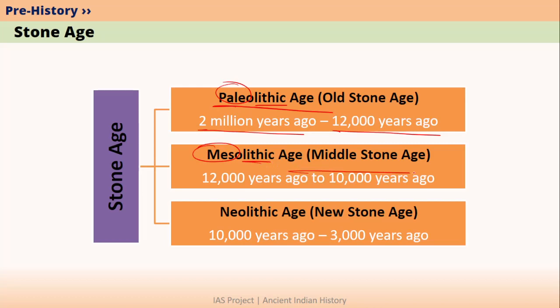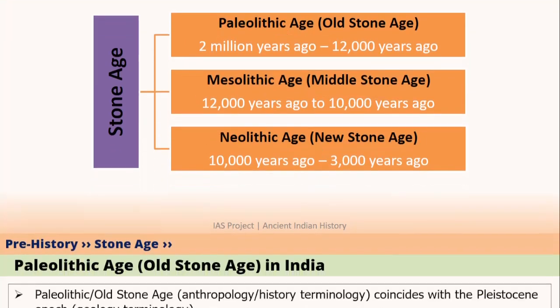So Middle Stone Age. Middle Stone Age is like a transitional stage between Paleolithic and Neolithic. So it lasted for relatively less period of time, that is only 2000 years. And then we have Neolithic Age, Neo meaning new. So New Stone Age, it started around 10,000 years ago and it lasted up to almost 3000 years ago.